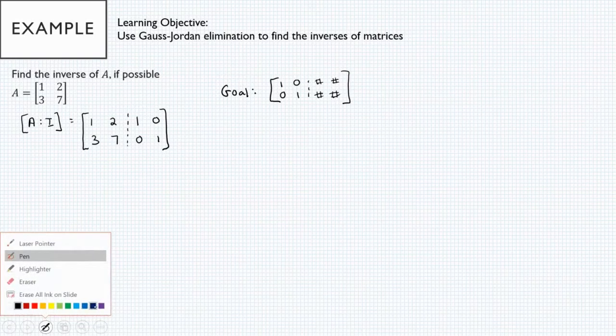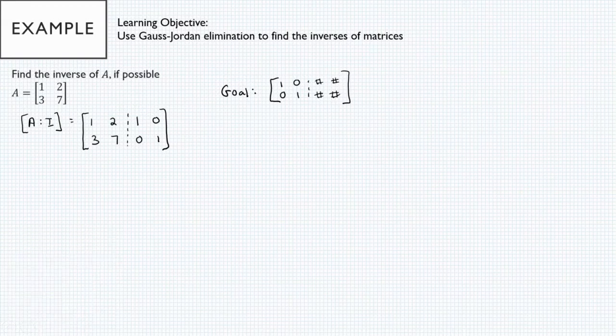So what I do is I show this work kind of on the side. I'm going to multiply row 1 by -3. I'm going to add that to row 2, and then I'm going to replace row 2 with that answer. So that's how I indicate what I'm doing.